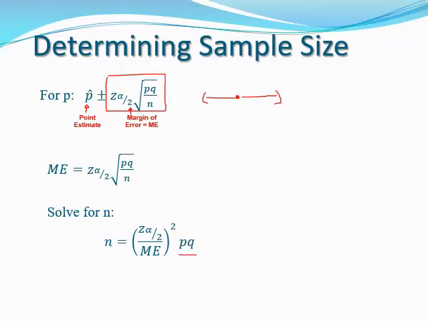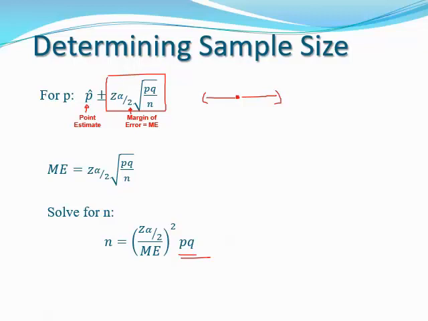Now, you need an estimate of P and Q. This is a little tricky now because actually it's a little bit better when it comes to proportions than with the variances that we saw earlier. In order to use the sample size formula for a mean, the one we just did in the example, I need an estimate of the population standard deviation or variance. If I don't have that estimate, I can't use the formula.